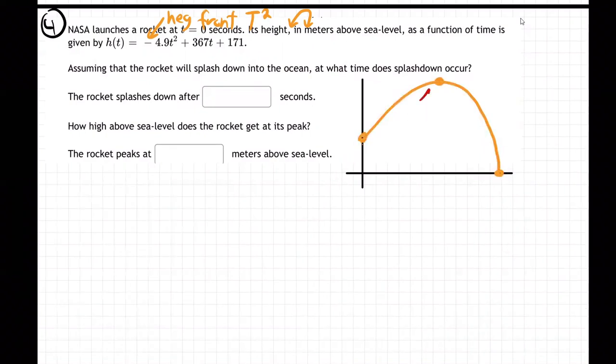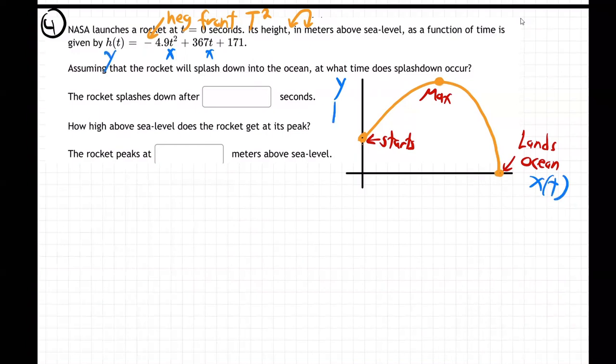This one is the maximum. And this is where it lands in the ocean. Of course, this one's where it starts. This is the x-axis and the y-axis, but in our case, the x has been replaced with t, so I'll just say this is the t-axis, and the y is what's in front, and we're calling that h.